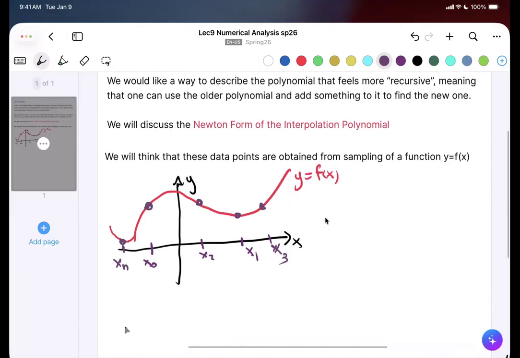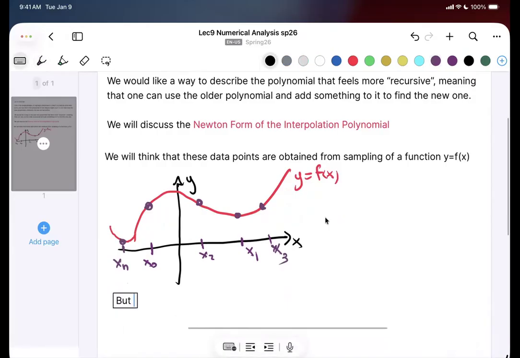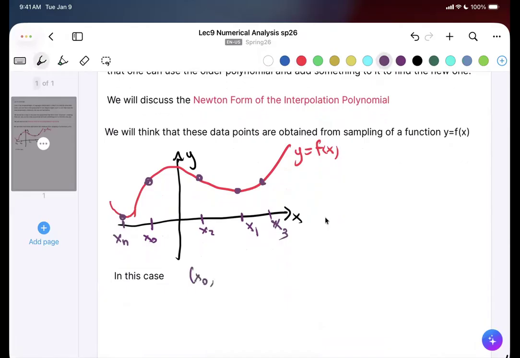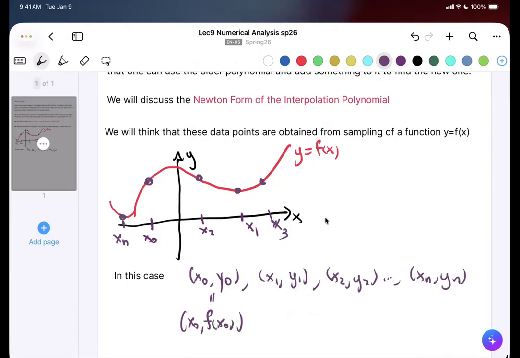So in this case, the data points x0 comma y0, x1 comma y1, x2 comma y2, up to xn comma yn are just the same as x0 comma f of x0, x1 comma f of x1, x2 comma f of x2, and xn comma f of xn.